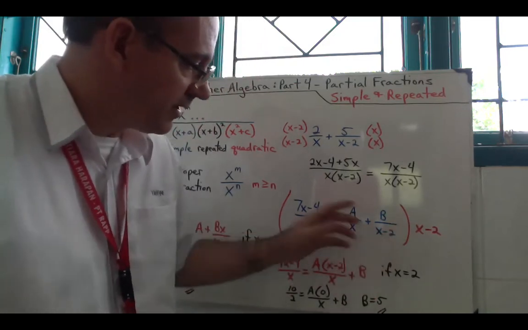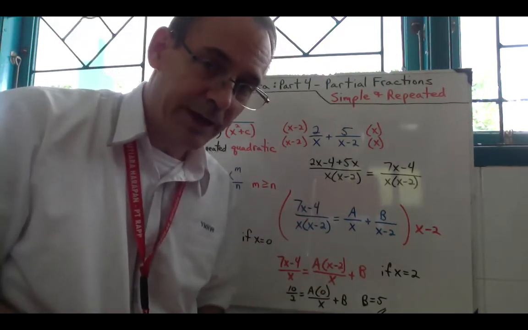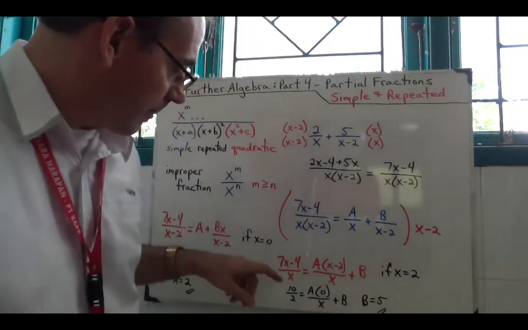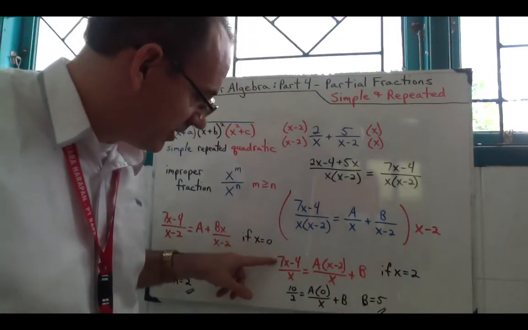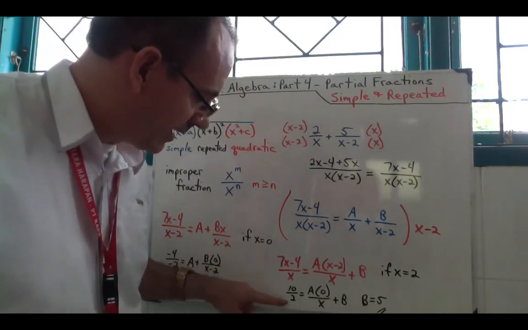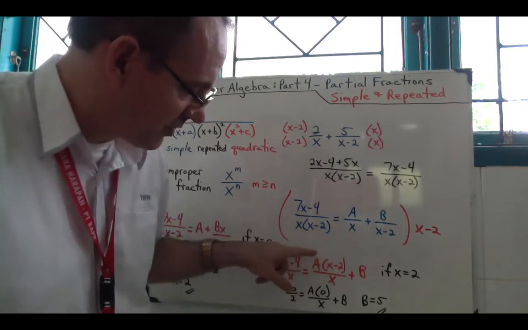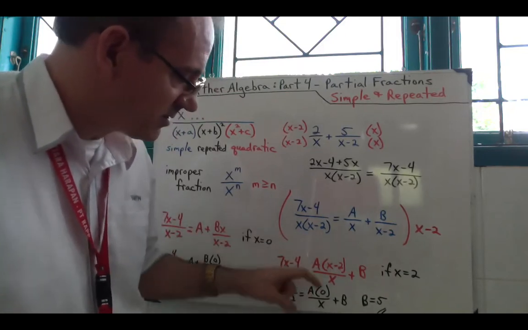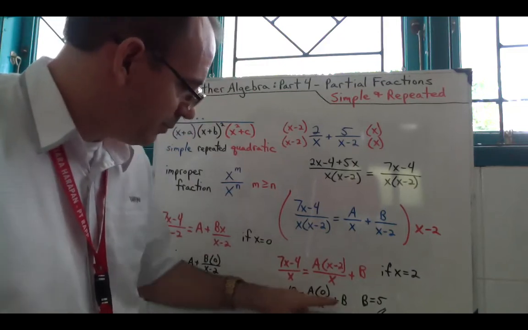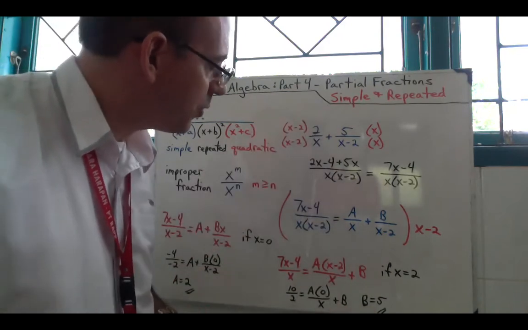Now that we've eliminated that from the denominator, we don't have to worry about that. So if x equals 2 over here, 2 times 7 is 14. 14 minus 4 is 10. 2 on the bottom gives us 10 over 2. Here we plug in a 2, it gives us a 0. So all of that cancels out, and we have b by itself. So b is 10 divided by 2, which is 5. That is also what we have.